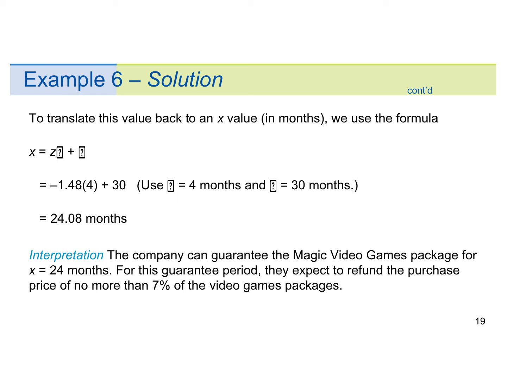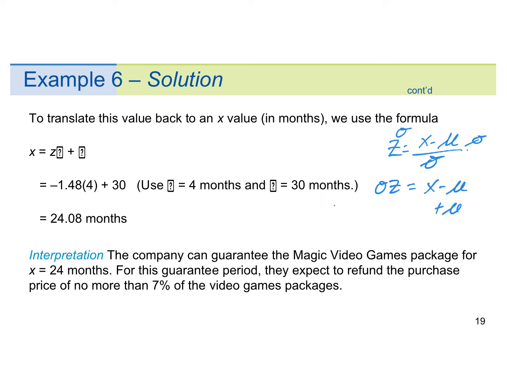And now once you have the z-score, we can set up our formula. Now I'm going to manipulate this formula real quick just so you can see. z is equal to x minus mu divided by sigma. Well, if I multiply both sides by sigma, I get sigma z is equal to x minus mu.